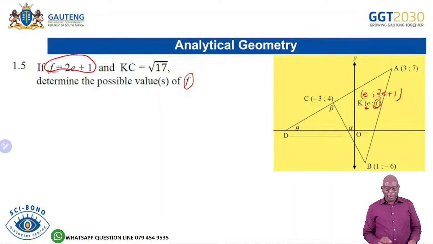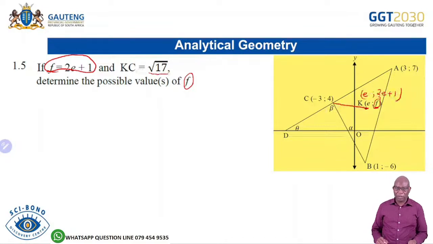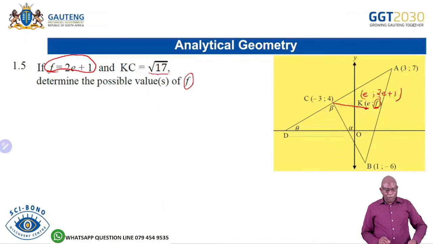Okay. The distance for KC, which is from K to C, is square root of 17. So with the square root of 17, I know now, if I'm given the distance, I can be able to find the value of e there. So now let's see.